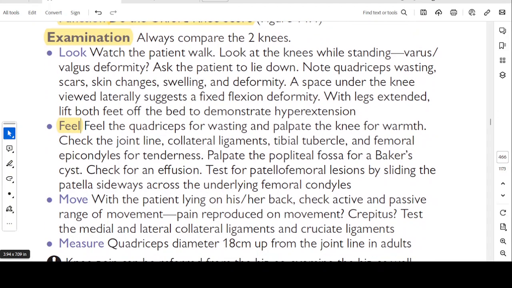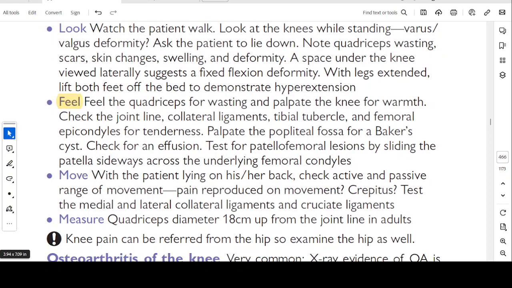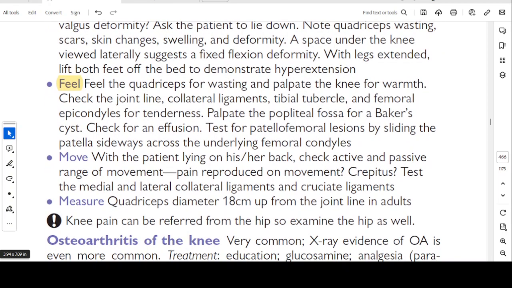Feel the quadriceps for wasting and palpate the knee for warmth. Check the joint line, collateral ligaments, tibial tubercle, femoral epicondyles for tenderness. Palpate the popliteal fossa for a Baker cyst. Check for an effusion. Test for patellofemoral lesions by sliding the patella sideways across the underlying femoral condyles.